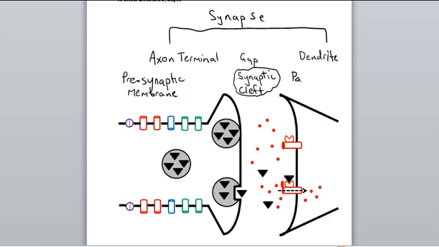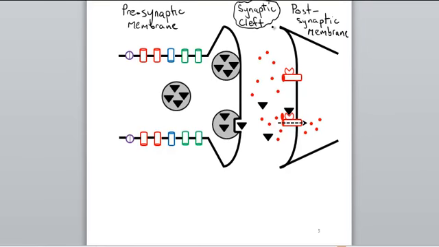If you said post-synaptic, you'd be correct. The next dendrite on the next neuron is called the postsynaptic membrane. When we consider the presynaptic membrane, the synaptic cleft, and the postsynaptic membrane all together, that's the synapse.